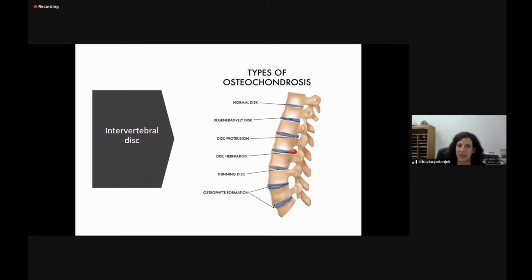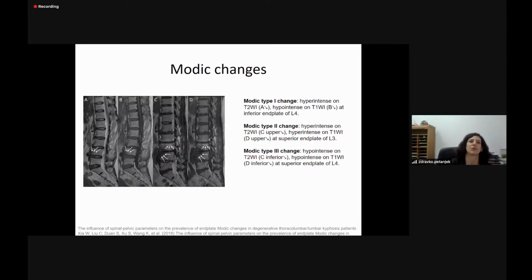And if there are many degenerative changes in the end plates, then this feeding of the disc is disrupted, and you have the degenerative changes in the disc also. And that leads to the various types of changes on those vertebral bodies that are defined as Modic changes.